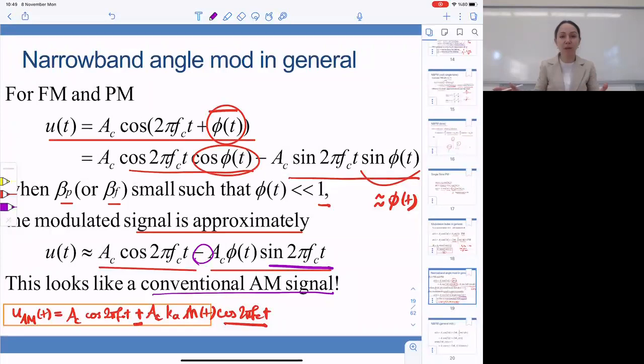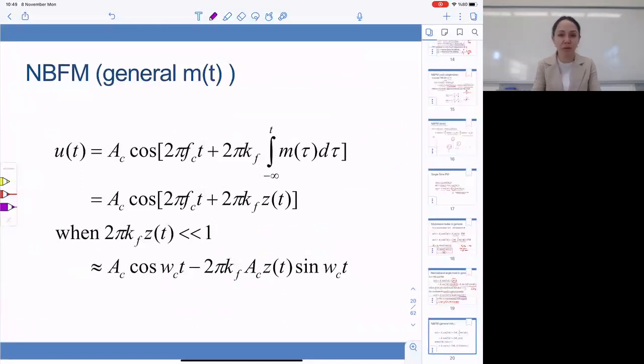If it's not wideband FM or PM, then it's not worth really going through the trouble. Just use conventional AM. But we will spend a little bit more time on the analysis of narrowband FM, regardless, because it's going to give us some tools to analyze and understand the wideband case. Any questions so far?